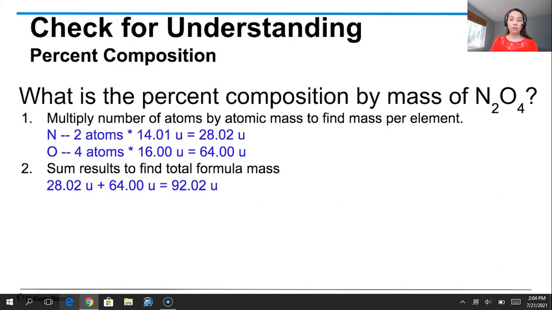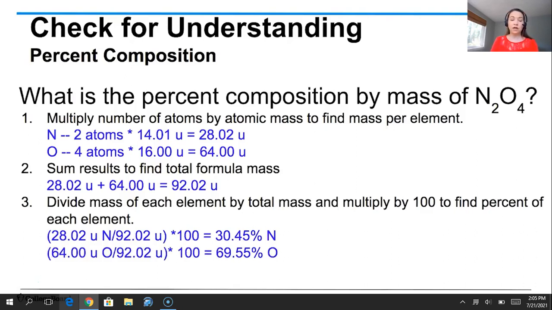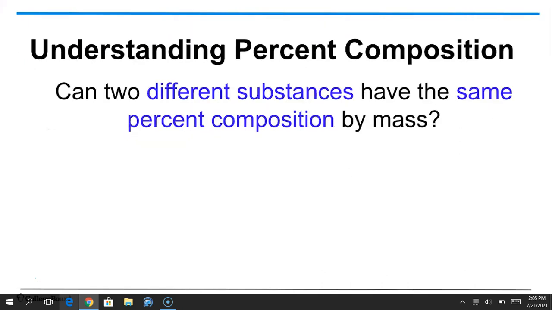And then we're going to find the percent of each element by dividing its mass by the total mass to find the percent. And don't forget to multiply by 100, of course, for a unit of percent. So we get 30.45% nitrogen and 69.55% oxygen.